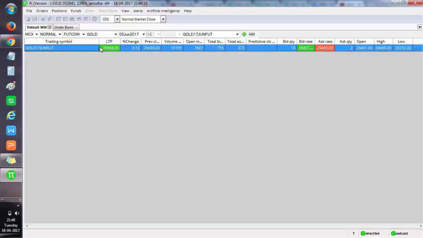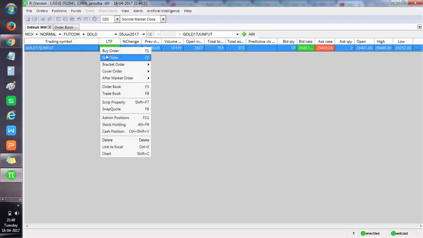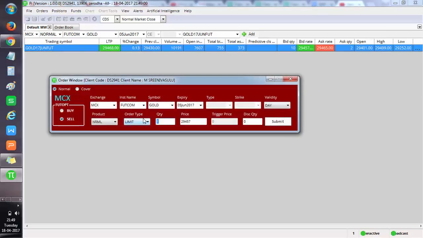Most traders make the mistake of clicking on sell, selecting limit here, and putting the price as 29,465. This is a wrong move, because think of yourself as a seller. If the current price is 29,468 and you're putting a price of 29,465, the exchange will give you the best price, that will be 29,468.